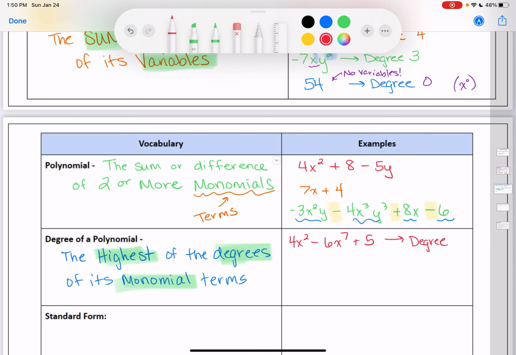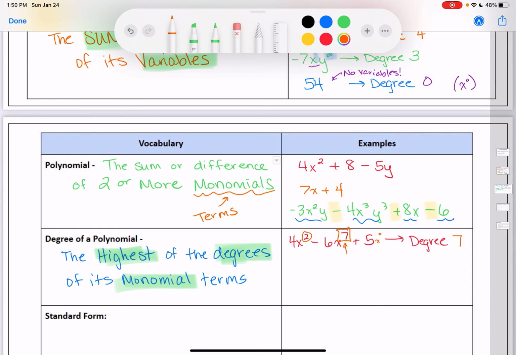Okay, so the degree of that first term would be 2. The degree of the second term would be 7. The degree of the third term would technically be 0, right? Because there's no variable there, so that would be like x to the 0 power. So what's the highest of those degrees? 7. So the degree of the polynomial is 7.